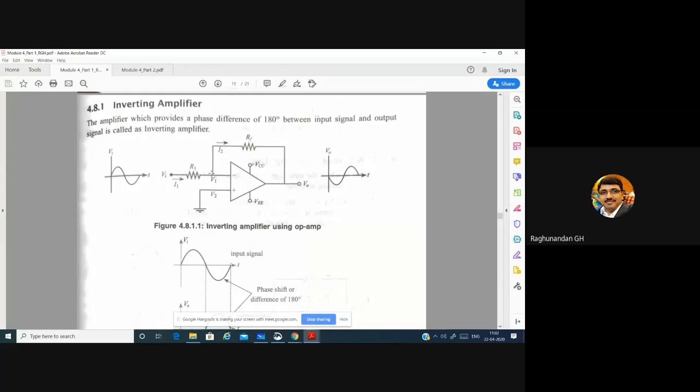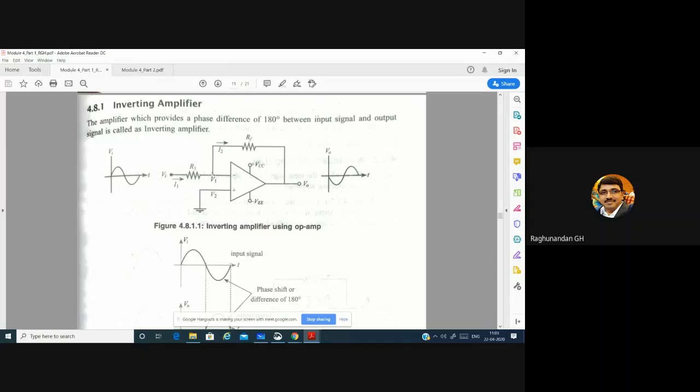So the virtual ground concept tells you it appears as if it is grounded. Suppose the non-inverting terminal is grounded, even the junction at the inverting terminal appears to be grounded virtually, but not physically. Physically means it has to be connected to the ground point.